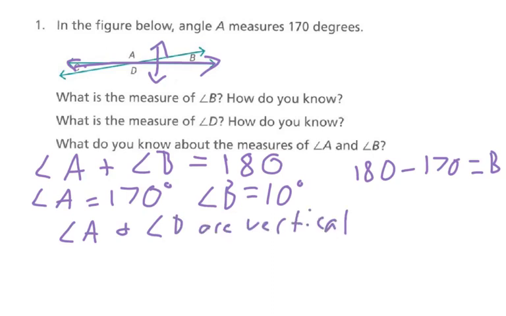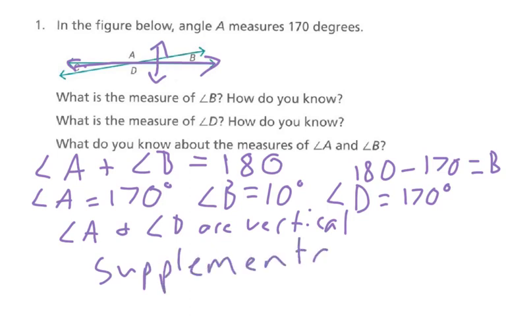So since they're vertical, I know that they're going to be the same. So that means that angle D is also going to be 170 degrees. And they want to know, well, what do you know about the measures of angle A and angle B? Well, I know that A and B are going to add up together to 180. I know that they are what's called supplementary.